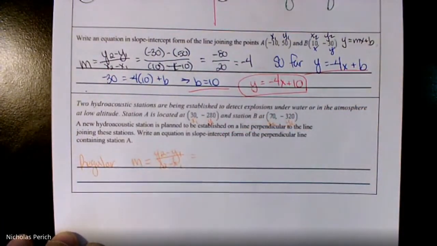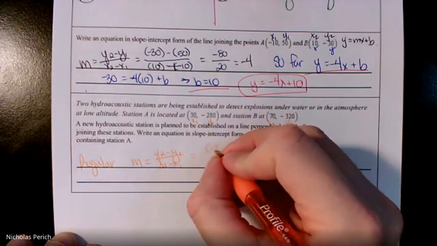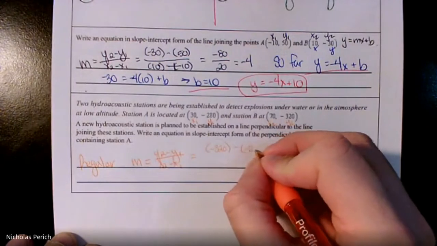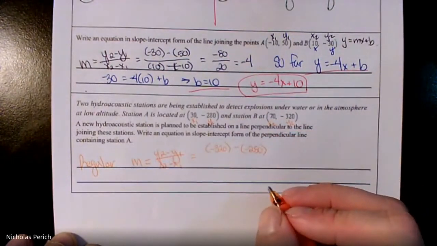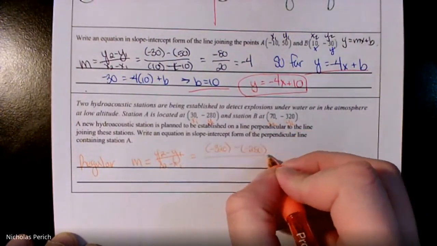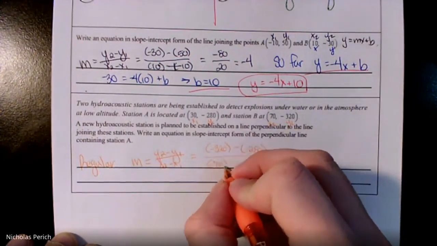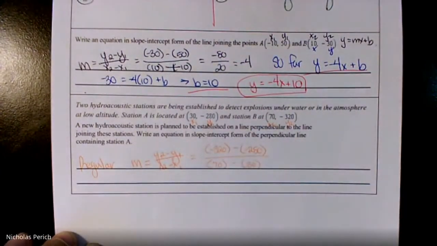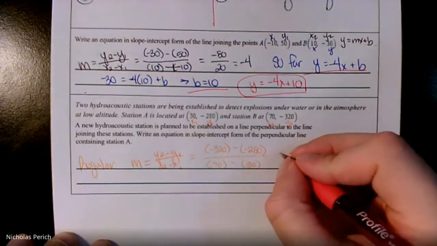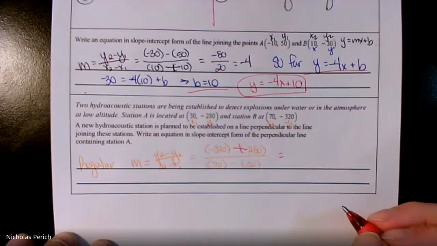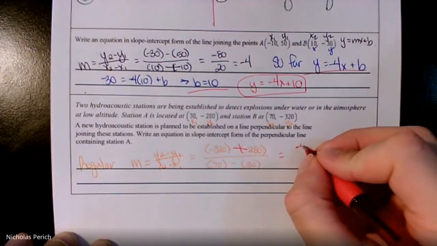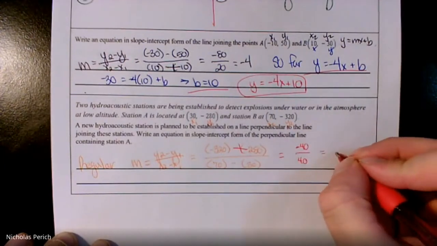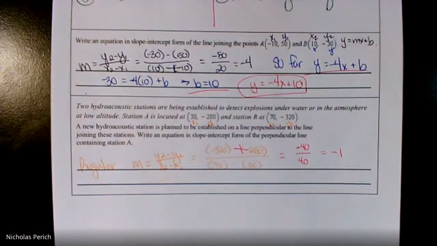Y sub 2 is negative 320, minus y sub 1, which is negative 280, over x sub 2, which is 70, minus x sub 1, which is 30. I'm not a fan of this orange. Double negative gives me negative 40 up there, and it's regular 40 down here, and so my regular slope is negative 1.